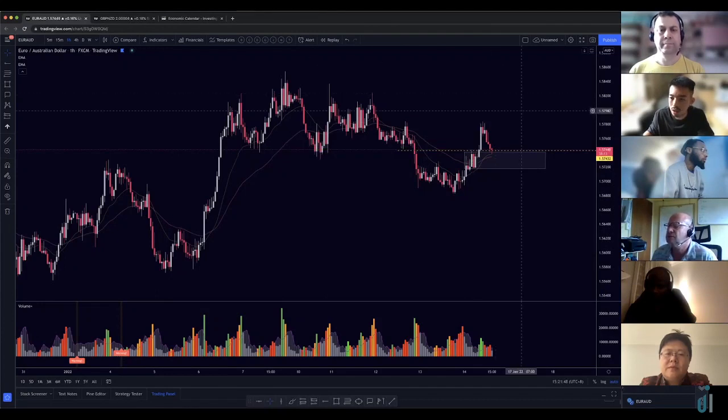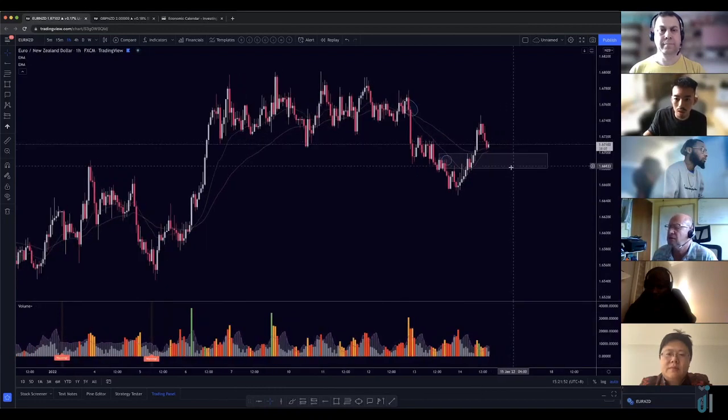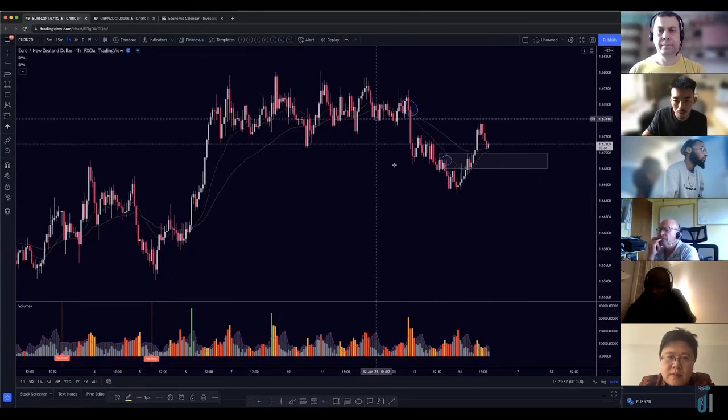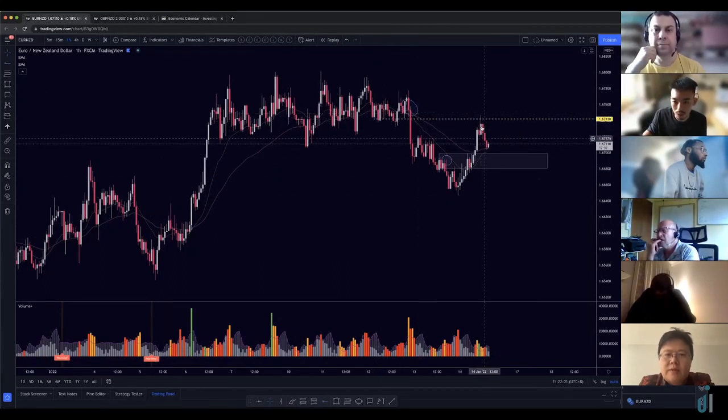Not saying which one is better than which. It's just that on Euro New Zealand, someone may still think it's a sell, and they might try to sell from there. But we also always see some traps work, some traps don't work.